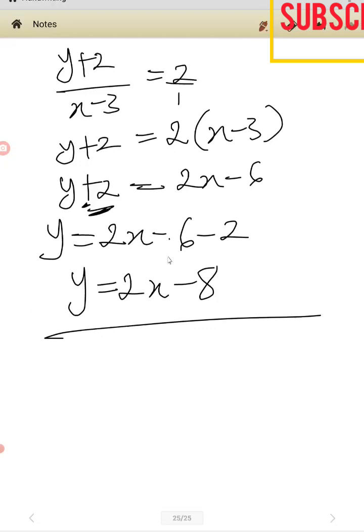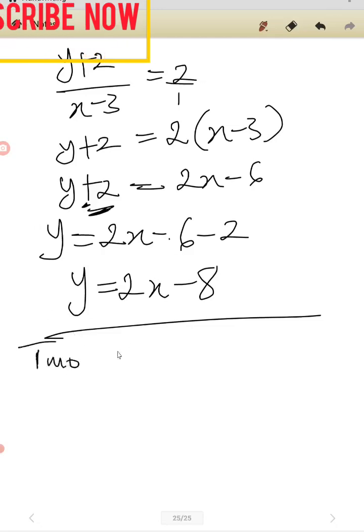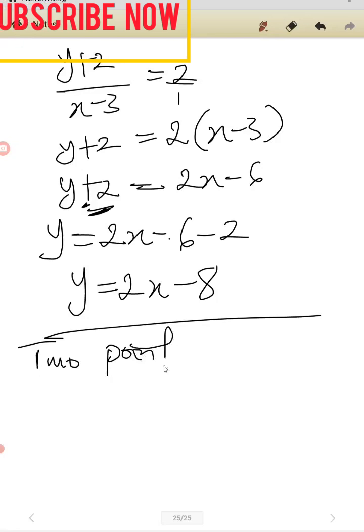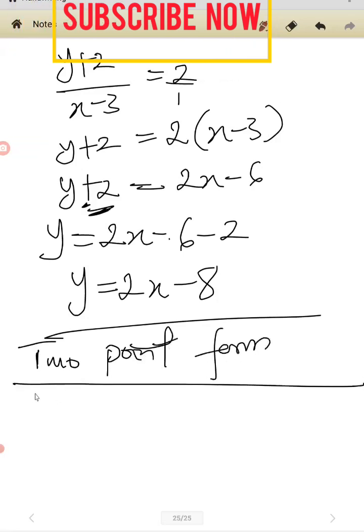We have another condition: when we have 2 points, the equation of a line is in the 2-point form. For this condition, let's bring a formula.